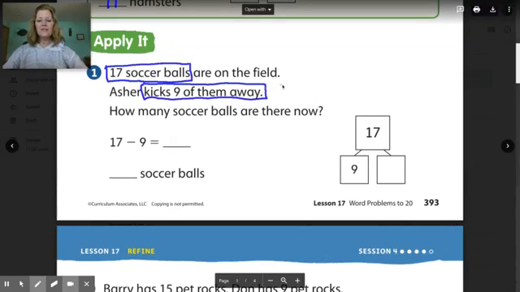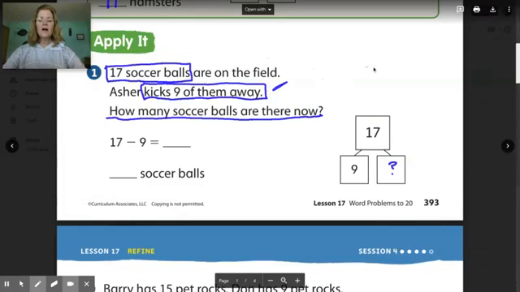Yeah, we're taking away, and that's subtract. How many soccer balls are there now? So we know there's 17, and we know that 9 were taken away. So this is our number sentence. 17 minus 9 equals.